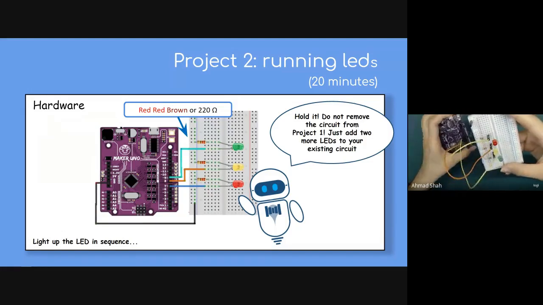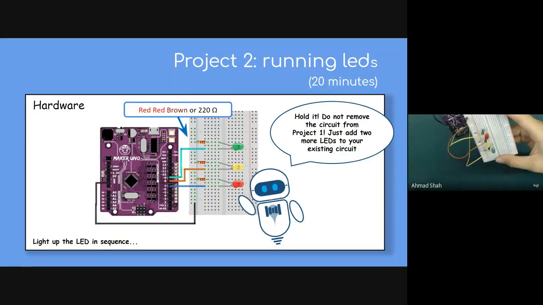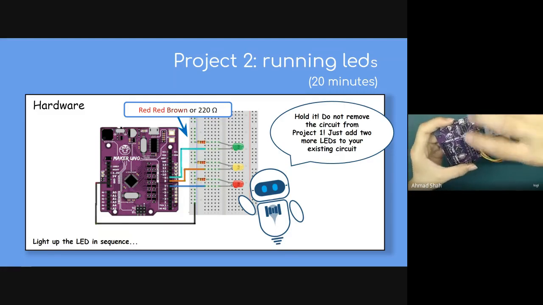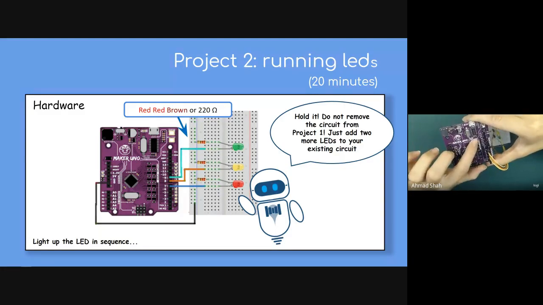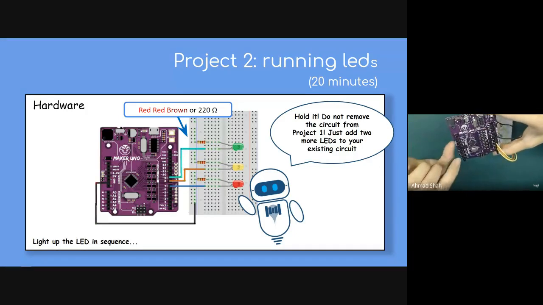Okay, where's the black one? For now, we put the black pin to the ground above number 13. You can see number 13 is here. There's a small ground here, or you can put it at this ground.